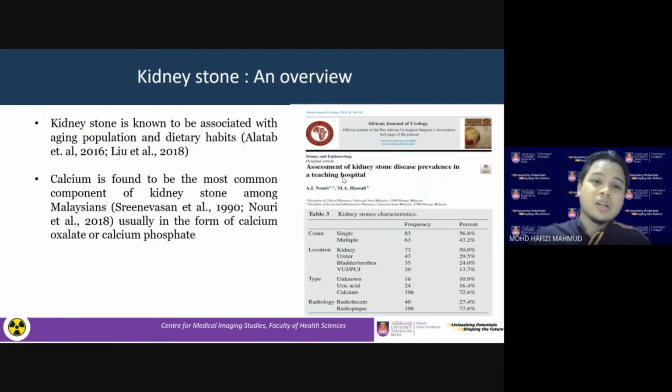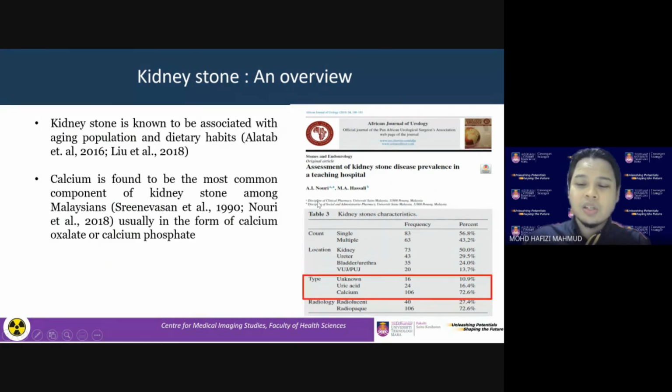As I mentioned, kidney stone is also associated with the aging population and dietary habit. One Malaysian study from HUSM shows that calcium is the most common component of kidney stone among Malaysians, with a very high frequency of about 72.6%.